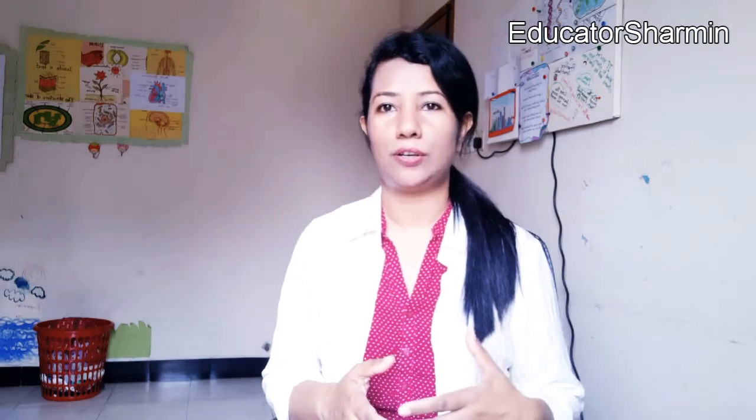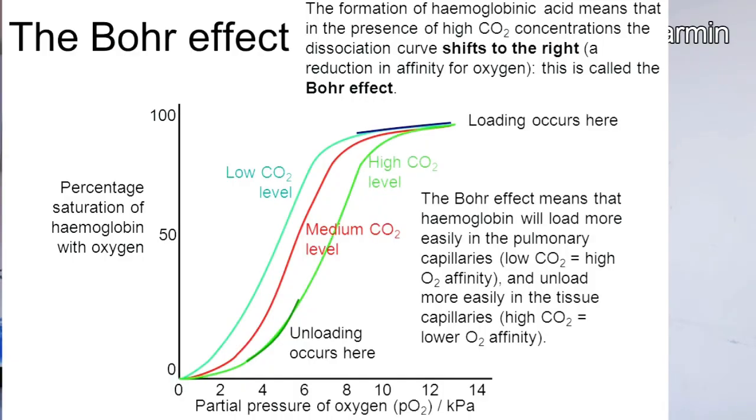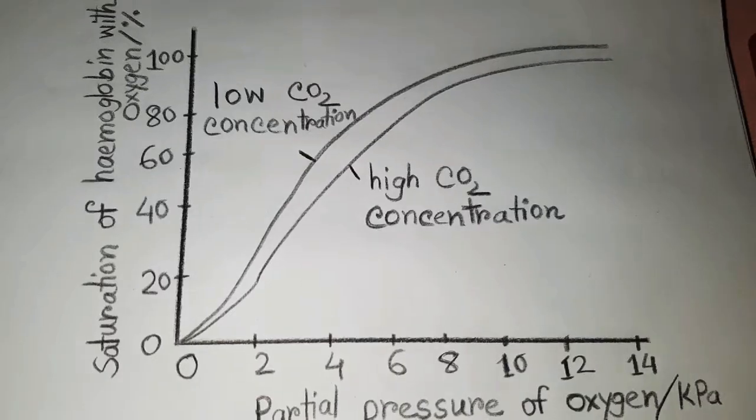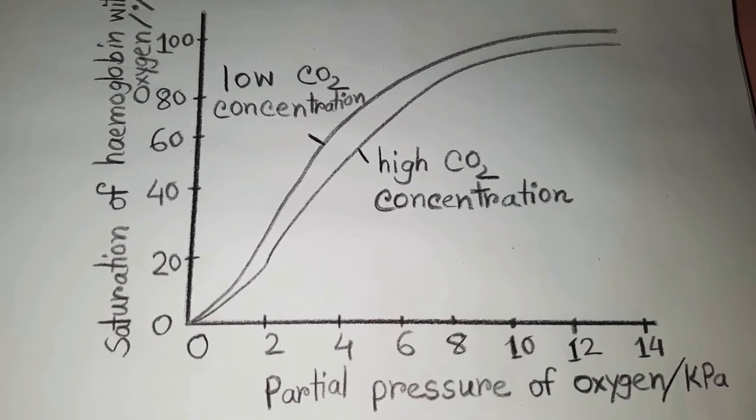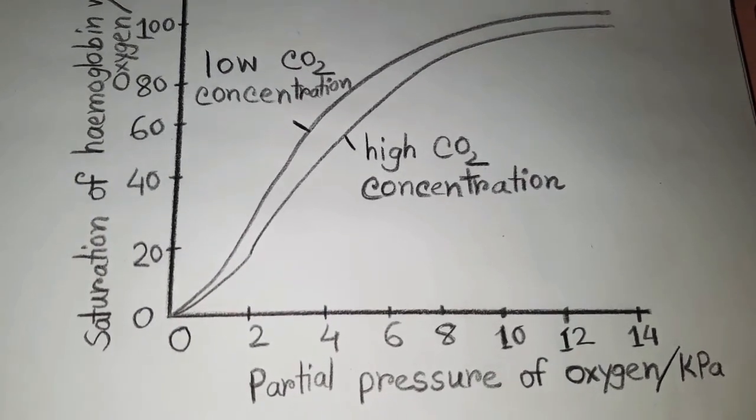The net result of this reaction is twofold. Hemoglobin mops up hydrogen ions, which are formed when carbon dioxide dissolves. And so this diagram shows the effect of changes in carbon dioxide concentration on hemoglobin saturation.